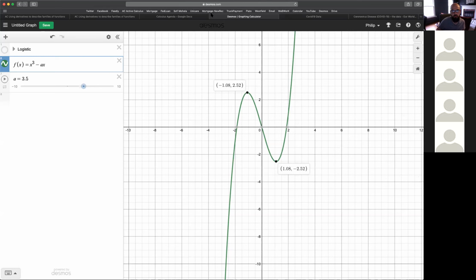So let's go ahead and flip back over to our Blackboard here. Okay, so we've got this function, f of x equals x cubed minus ax.